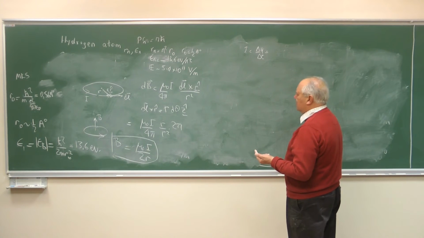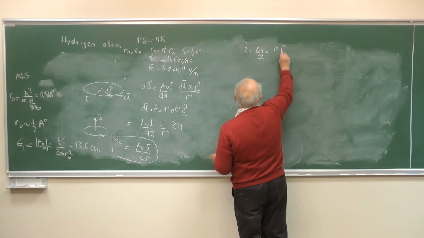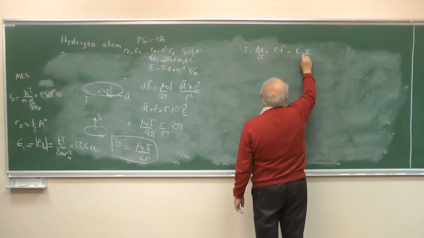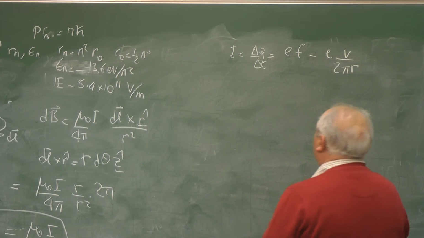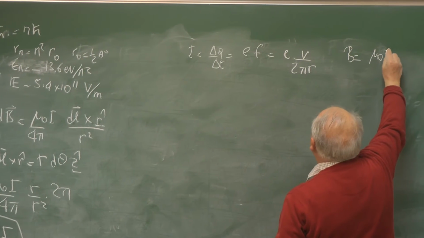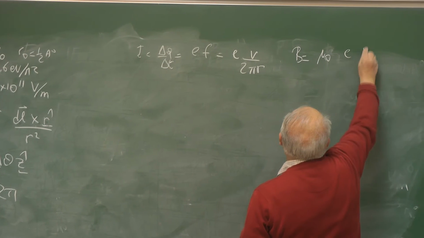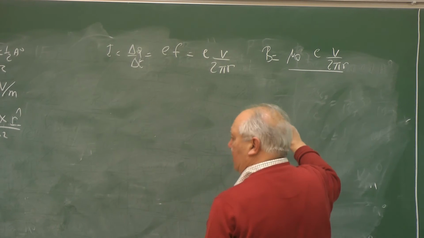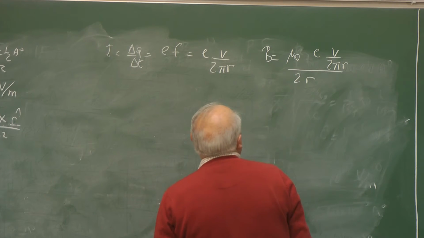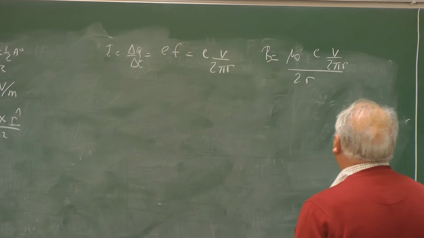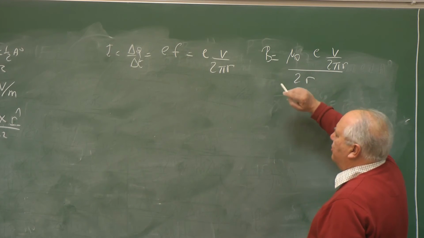It is its charge divided by the period, or E times F. And F is V over 2 pi R. So B will be equal to mu 0 I, which is E V over 2 pi R, times 1 over 2R.